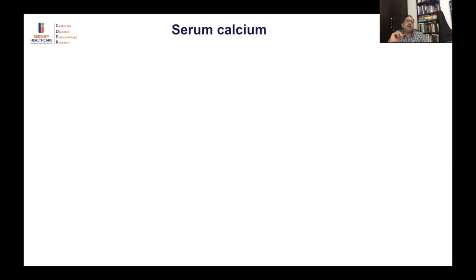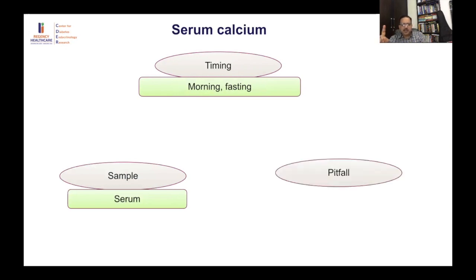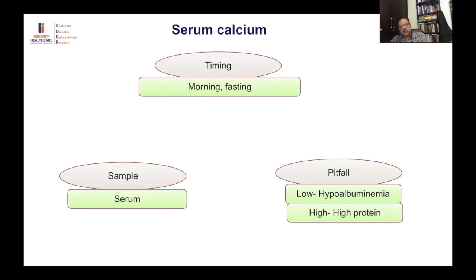So serum calcium should always be done in the morning in a fasting state, ideally. It should be a serum sample. The problem is that if there is hypoalbuminemia, the level will be falsely low. So ionic calcium may be preferable in an ICU setting because of both hypoalbuminemia as well as acid-base disturbance.